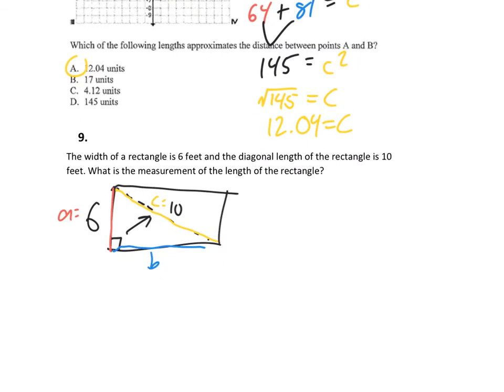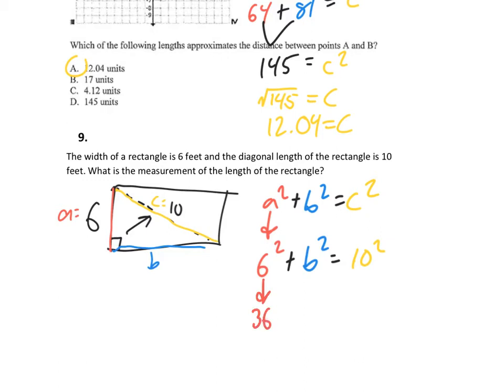So just like before, A squared plus B squared equals C squared. From here, you just start plugging in your numbers. So I have 6 squared plus B squared, we don't know yet, equals our 10 squared. So I'm going to keep working out what I've got here so far. 6 squared is going to be 36 plus B squared we do not have, so I'm going to keep calling it B squared.